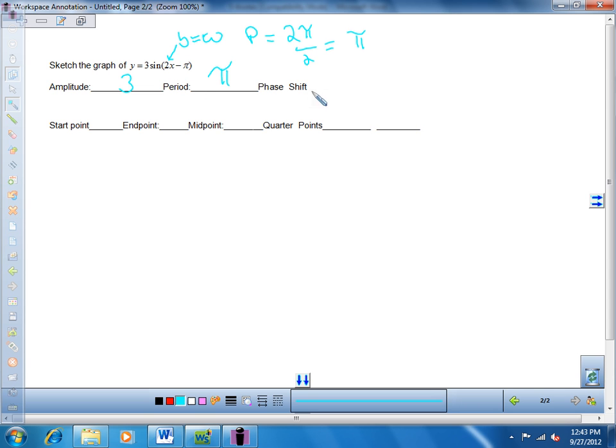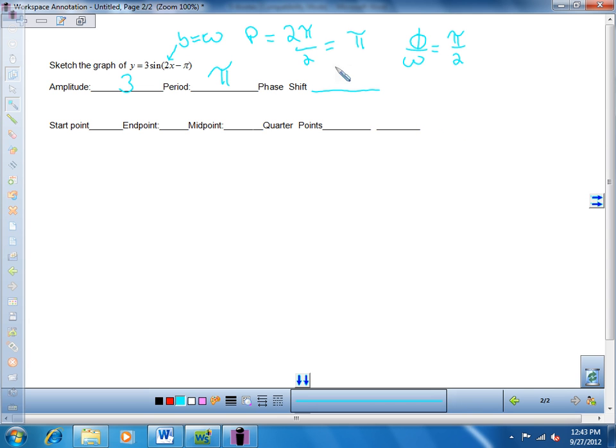Okay? Now we got to figure out the phase shift. So just by looking at this, this won't give you your phase shift. Okay? So what you do is you go phi, which is this thing, divided by omega, which is this thing. And you get that the phase shift is pi over 2.